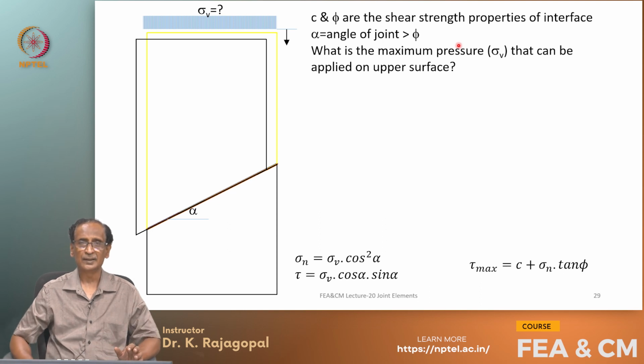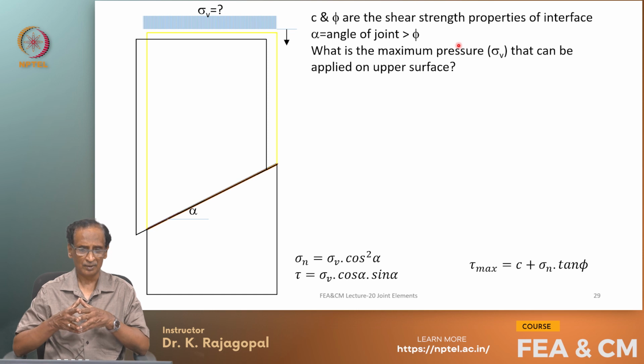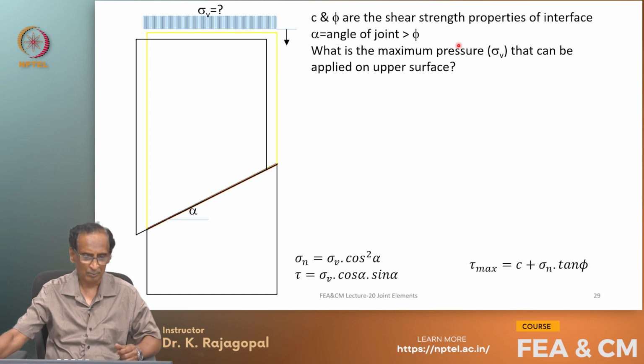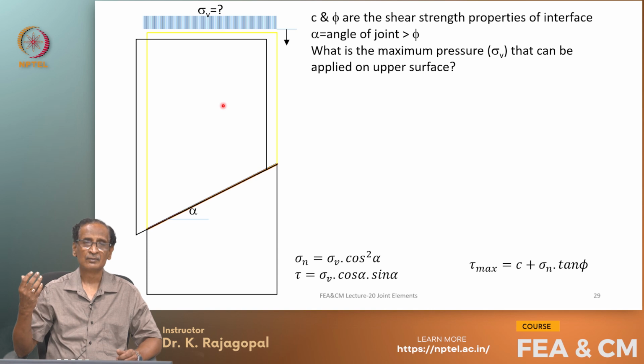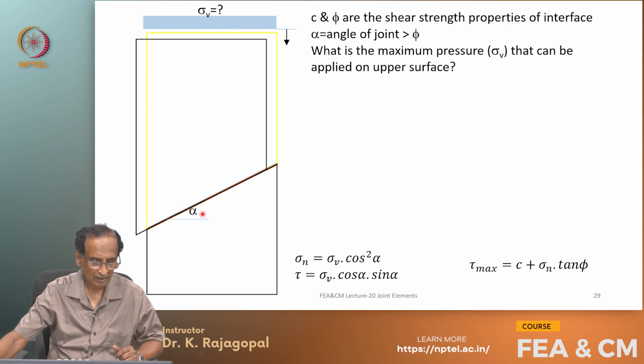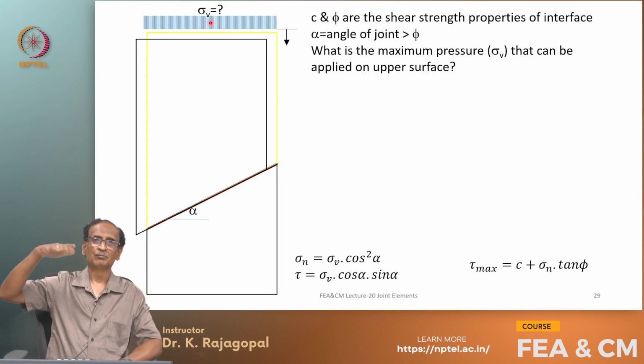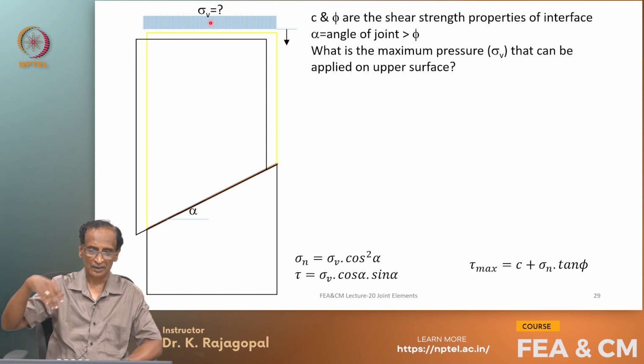Now, let us apply this joint element to some practical problem. Let us say that we are doing a triaxial compression test on a cylindrical rock sample with a joint like this, and this joint is at an angle of alpha, and we would like to know what is the maximum pressure that we can apply on the surface sigma v.